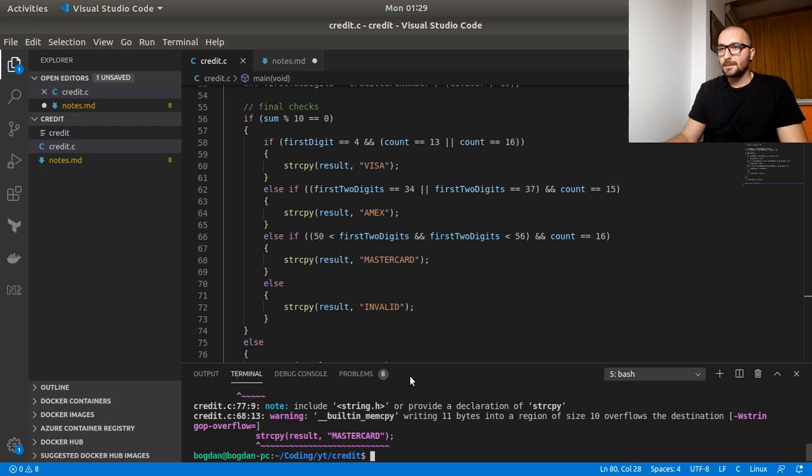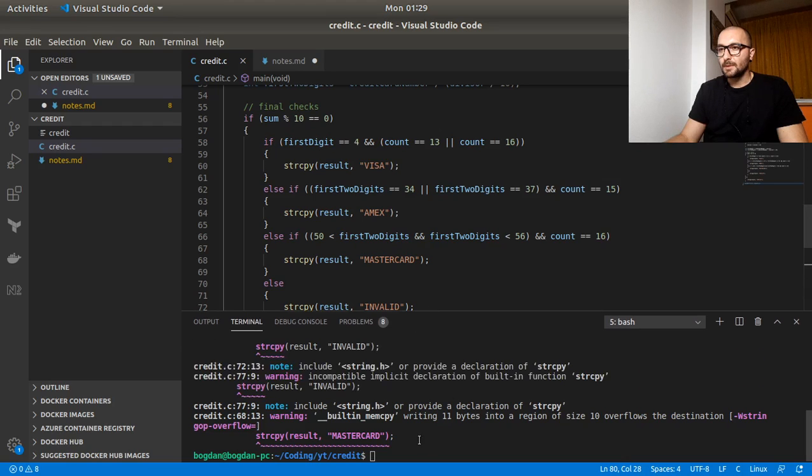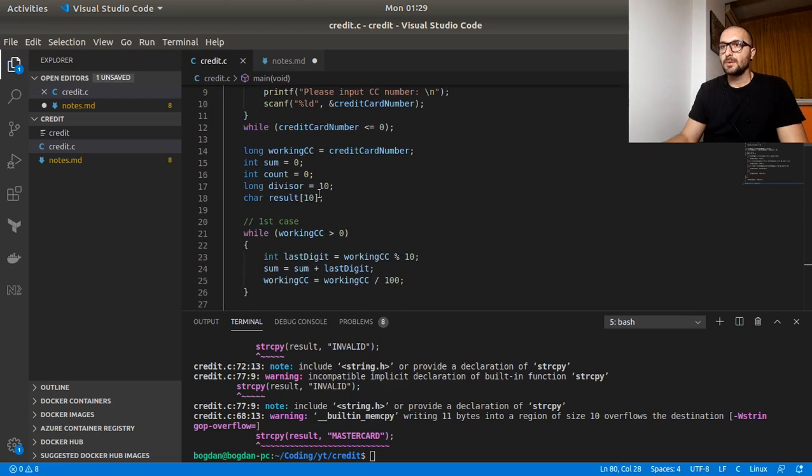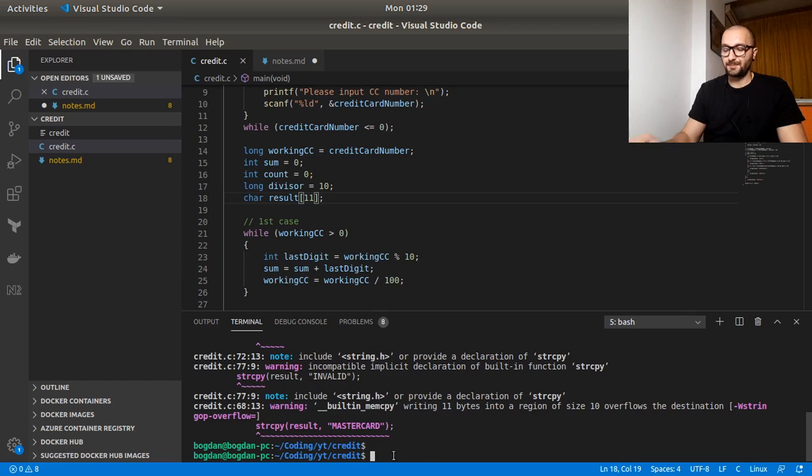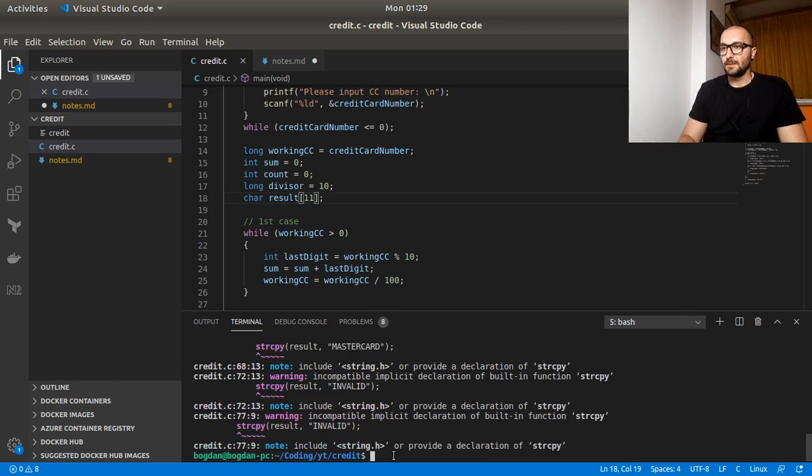Oh, there's an error here. Pull this up a bit. Writing 11 bytes into original size 10 overflow. Oh, okay. So I think 11 is the number we need here. See, it complains about result when we send it MasterCard. Okay. So we're missing something else.